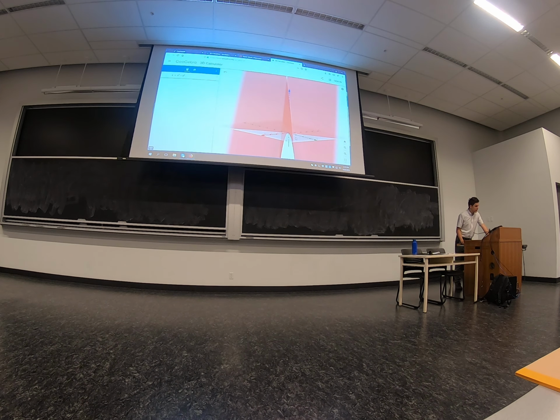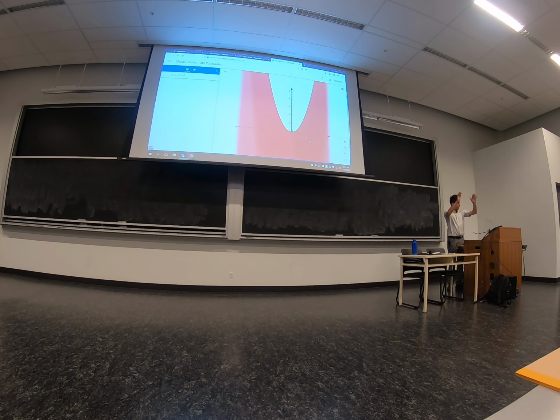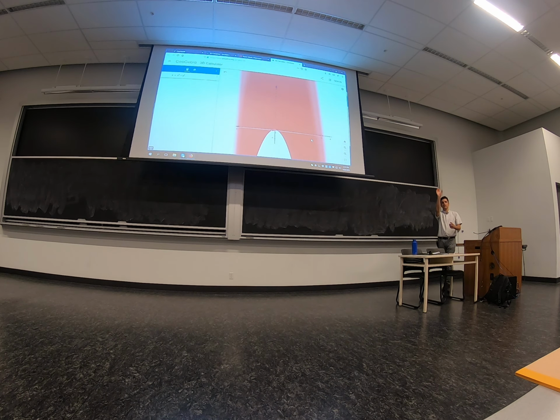So when we look along the y-axis, we see a parabola in one direction. When we look along the other axis, we see a parabola in the other direction. So it's kind of a parabola upwards in one direction and a parabola downwards in the other direction.